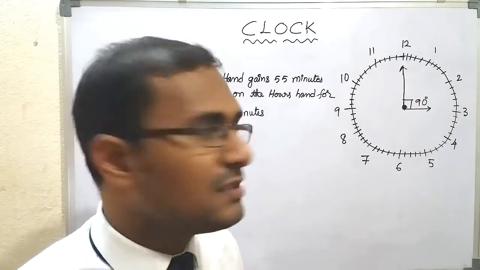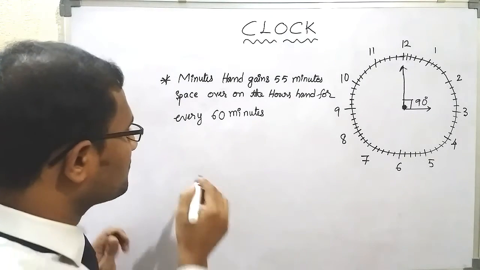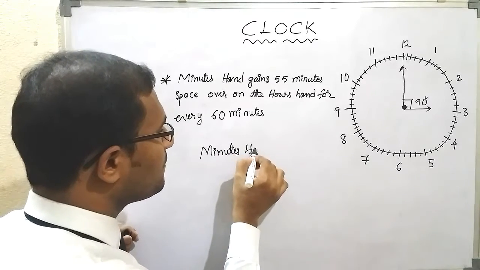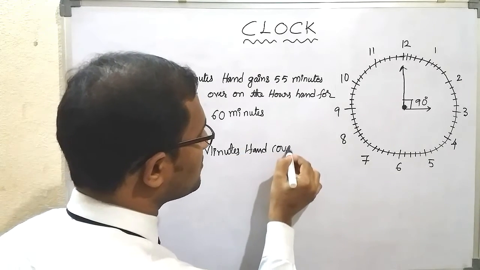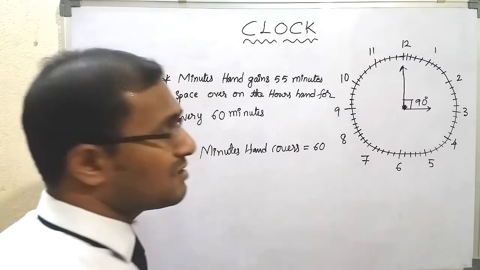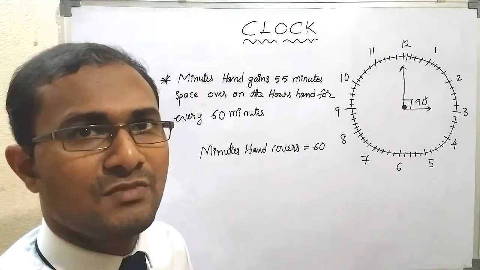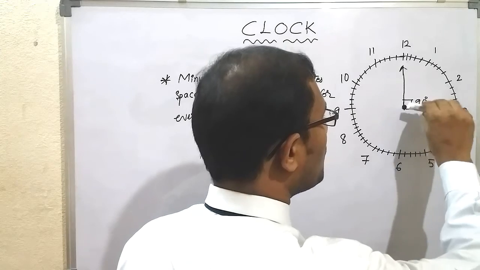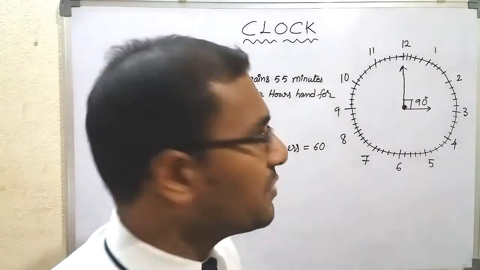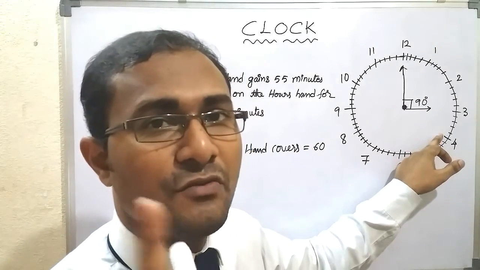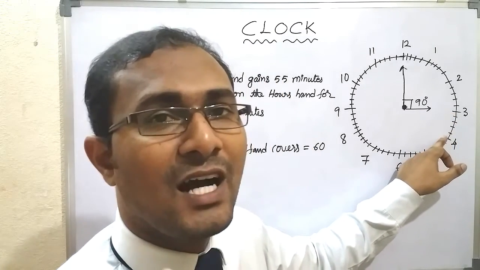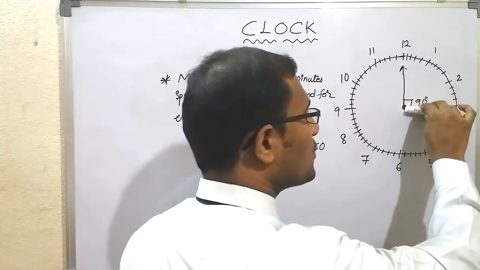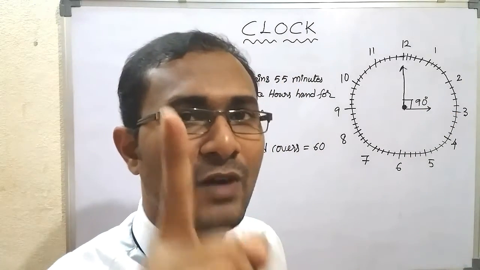So in this 1 hour the minutes hand covers 60 minutes space. Now the hours hand moves from 3 o'clock to 4 o'clock. We know from one number to another number how many minutes space divisions there are: 5 minutes space. It means the hours hand is going to cover only 5 minutes space in 1 hour.